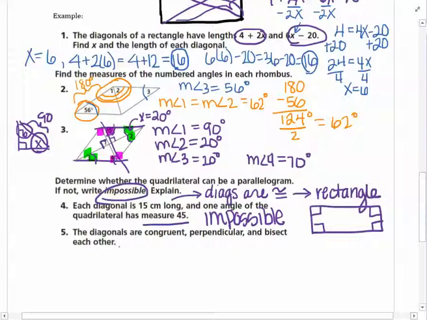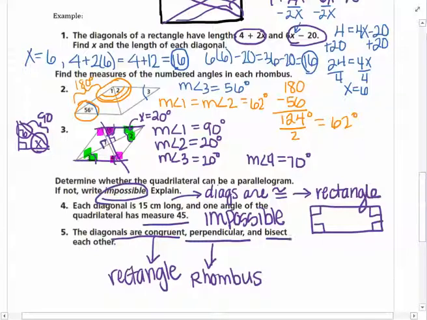Okay, let's look at the second one. The diagonals are congruent, perpendicular, and bisect each other. Okay, if the diagonals are congruent, that means it is a rectangle. If the diagonals are perpendicular, that means it is a rhombus.